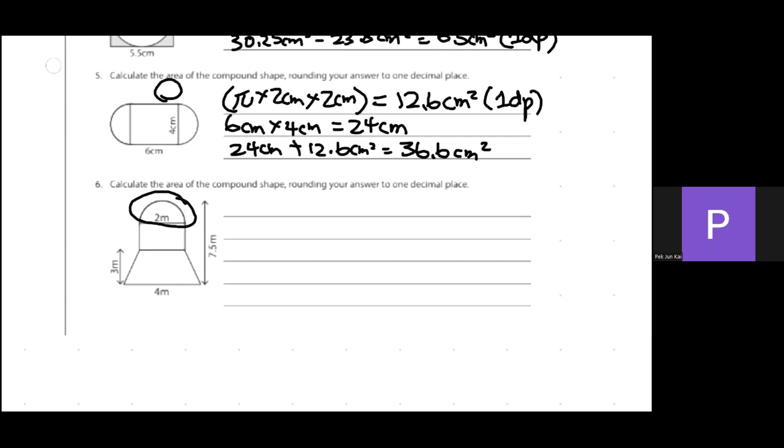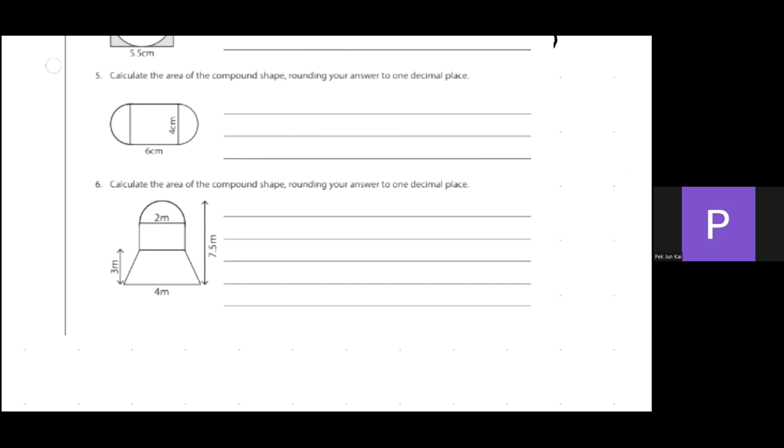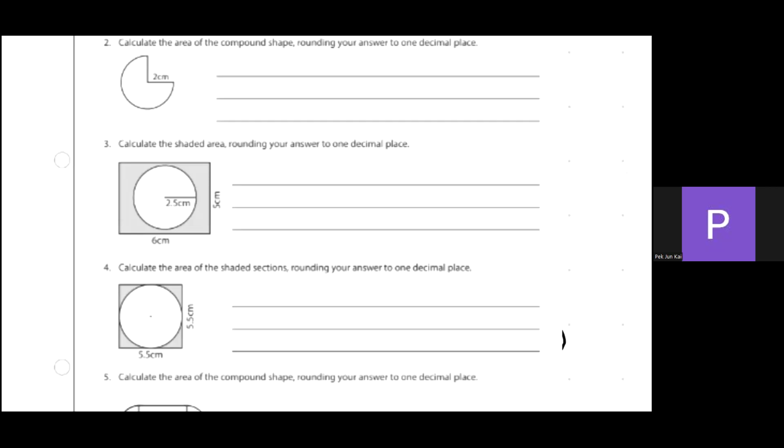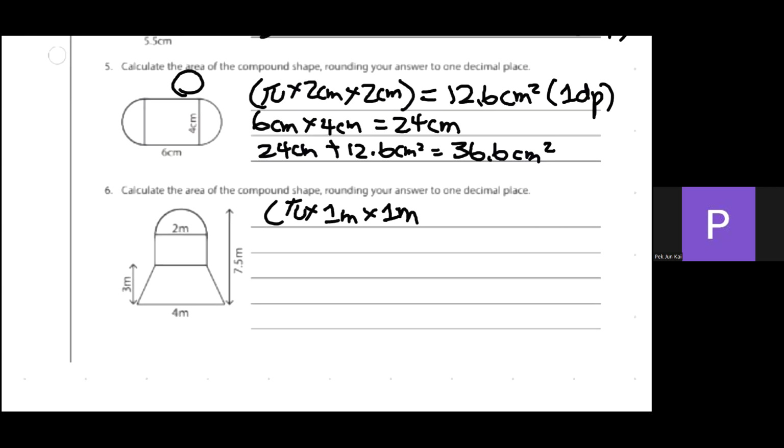So pi times 1 m times 1 m divided by 2, we would get 1.6 m squared for the semicircle.